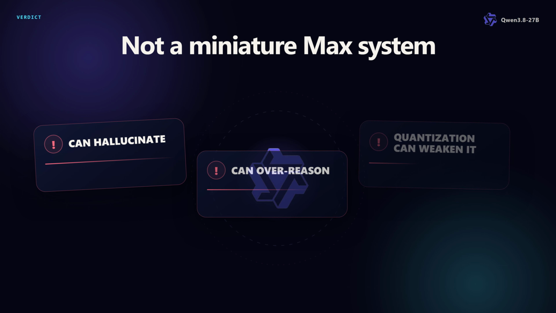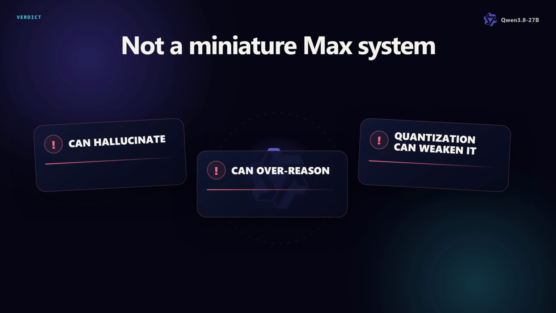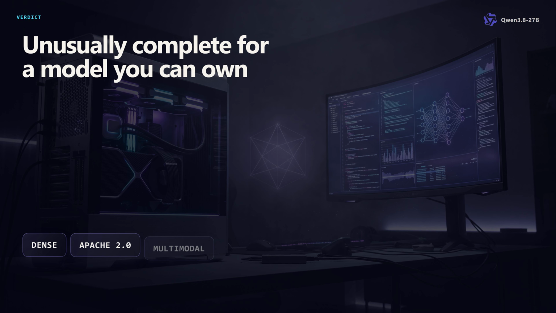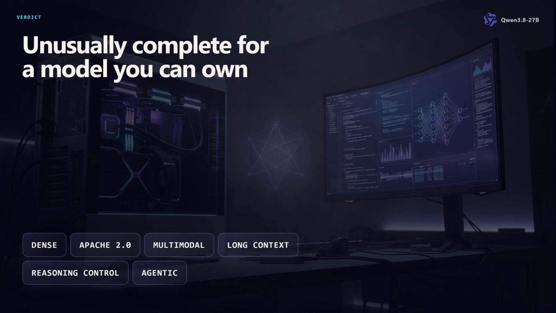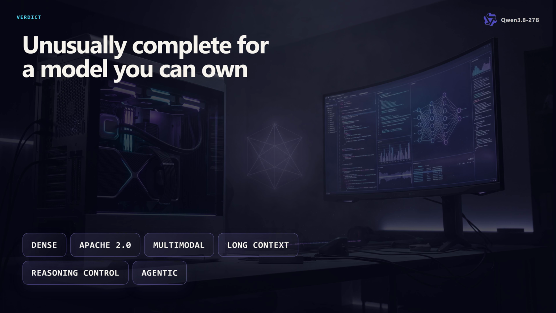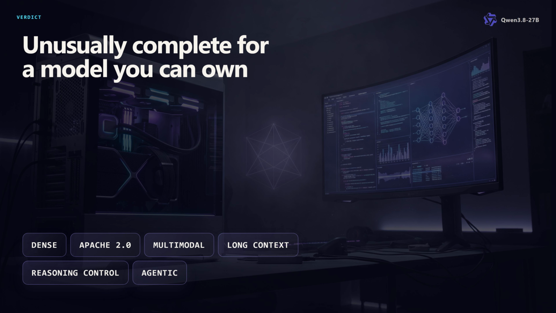Qwen 3.8 27B is not a miniature of the 2.4 trillion parameter max system. It can hallucinate. It can reason for too long. Aggressive quantization can weaken the capability you downloaded it for. But as a model you can own, it is unusually complete: dense, Apache licensed, natively multimodal, long context, configurable in reasoning effort, and strong in both official and independent agentic evaluations.